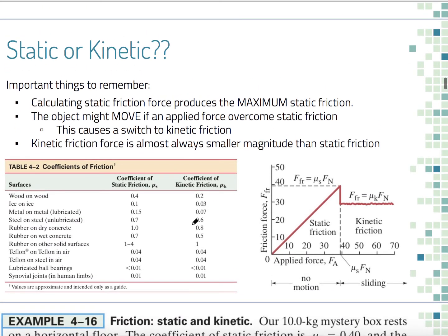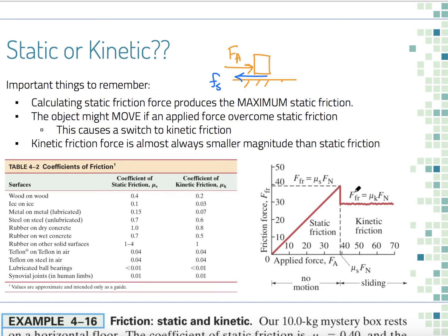Well, if I am looking at static friction, I'm looking at an object that is stationary. So here is my object. It is stationary. I'm going to apply some force to this object, and friction is going to resist. So if I'm talking about static friction, we'll say that there is this static friction force going this way, and as I apply more and more force, my static friction force will increase in order to combat my applied force.